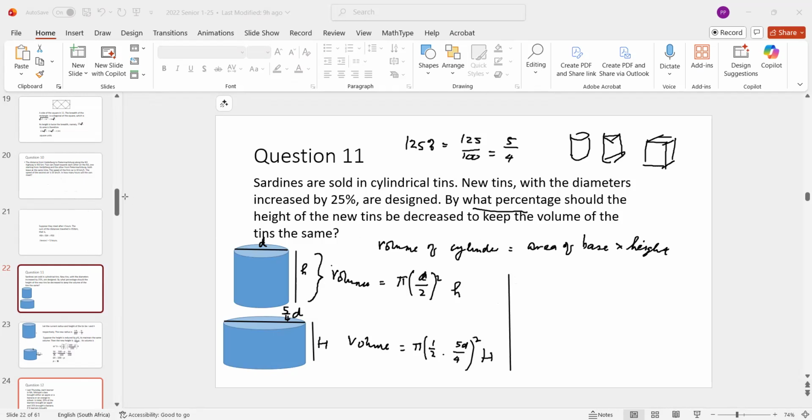Let's simplify this. What do you get? That volume is pi, numerator is d squared h over 4, and these two are equal. So numerator now is, the numerator here is this is 5 over 8, 5d over 8. You're squaring that.